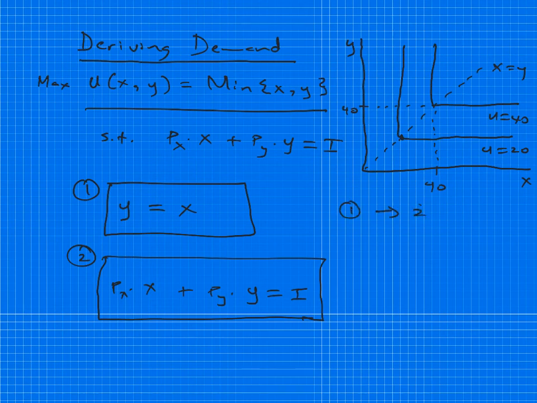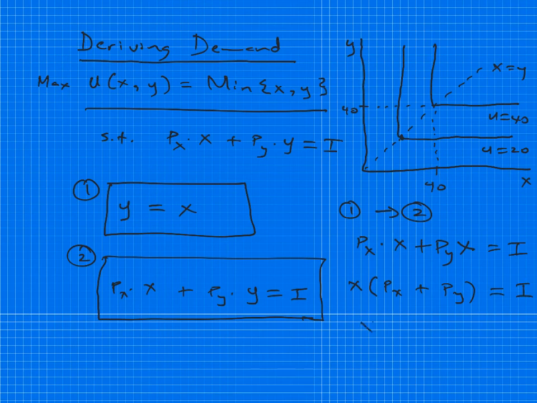I'm going to do exactly what I did in the previous slide. I'm going to plug equation 1 into equation 2. So I'll have px times x plus py times y, but y is equal to x, so I'll substitute that in. So I've got py times x, and all of that's equal to I. Well, now I can pull the x out so that I've got x times, in parentheses, px plus py, and that's all equal to income.